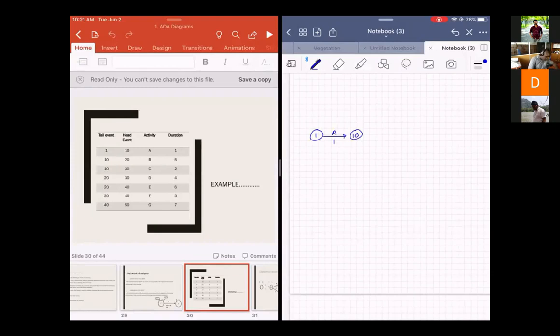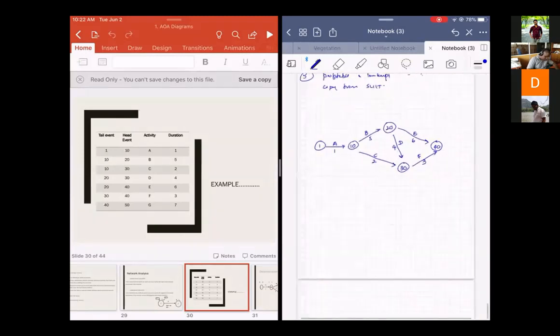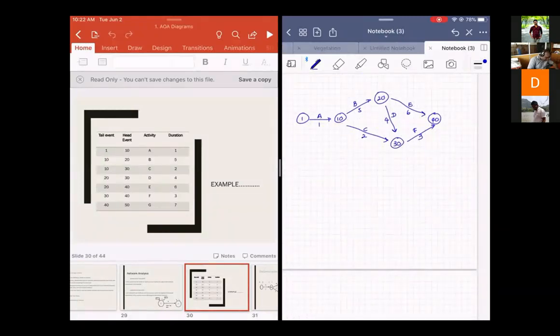You all have done this. 10 to 20, B, duration is 5. 10 to 30, C, duration is 2. 20 to 30, D, duration is 4. 20 to 40, E, duration is 6. 30 to 40, F, duration is 3. 40 to 50, G, duration is 7.